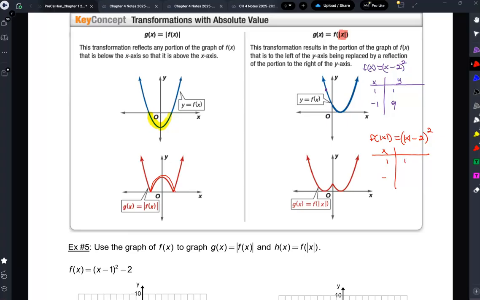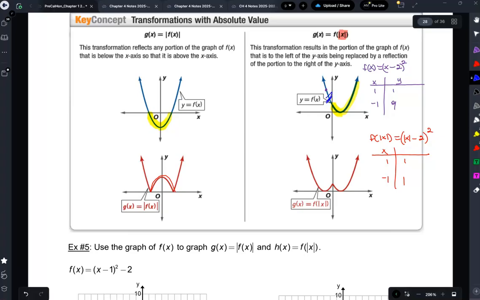But what happens when you attempt to put in negative 1? The function doesn't let you. It says, no, not negative. Make it positive 1 first. You make this positive 1, and you get 1 again. So what happens is everything where the x's were positive will be okay.